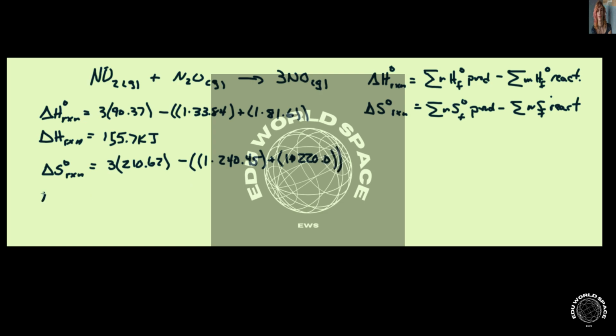When we do the delta S of reaction, we find that it is 171.4 joules per Kelvin. If we convert that into kilojoules per Kelvin, that's 0.1714 kilojoules per Kelvin.